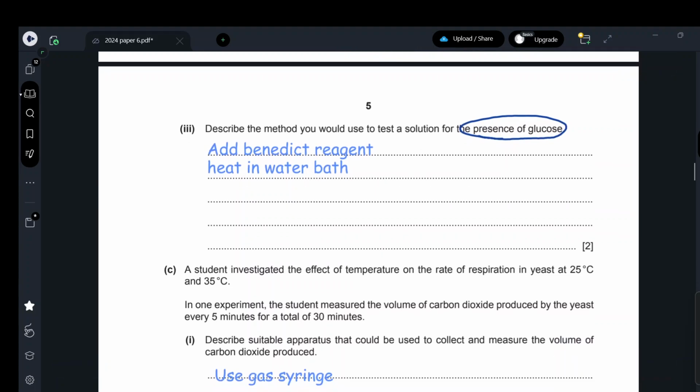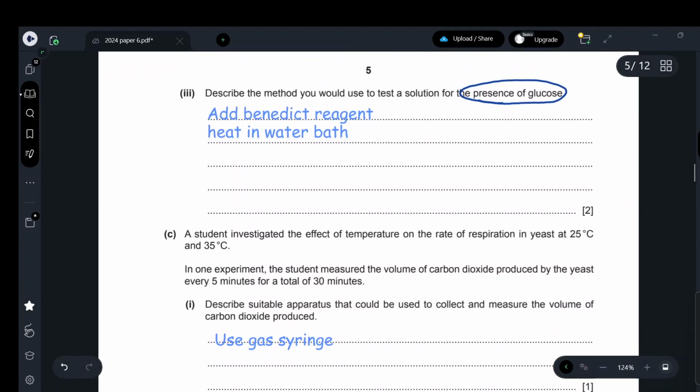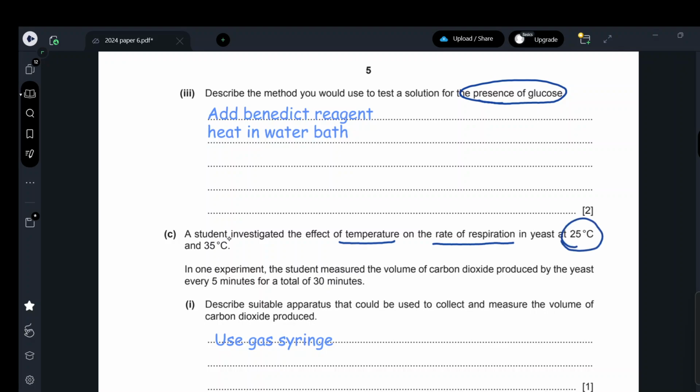A student investigated the effect of temperature on the rate of respiration in yeast at 25 degrees Celsius and 35 degrees Celsius. This is another way. I am going to investigate the effect of temperature. This is my independent variable.